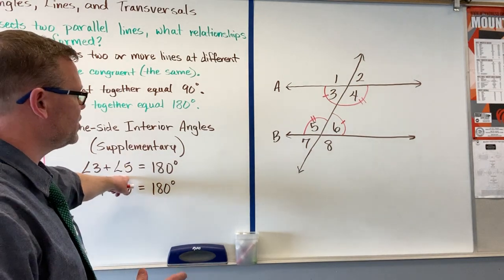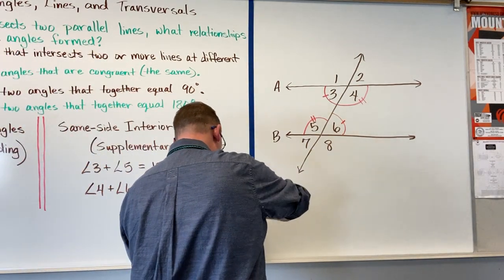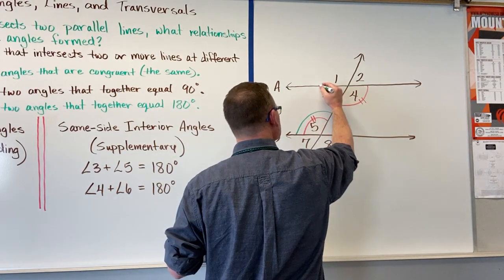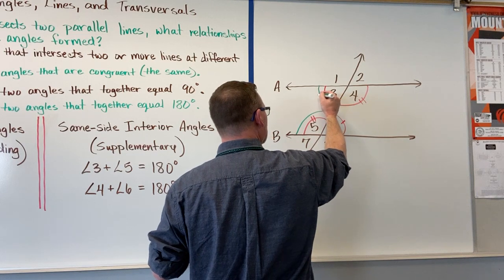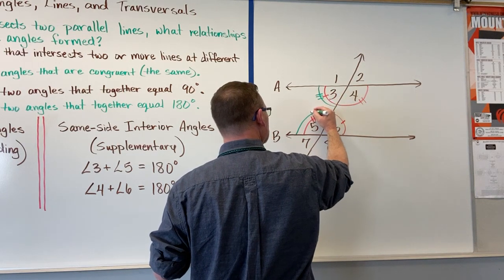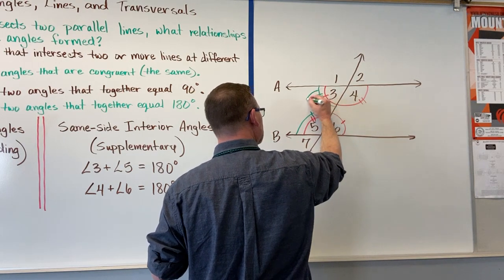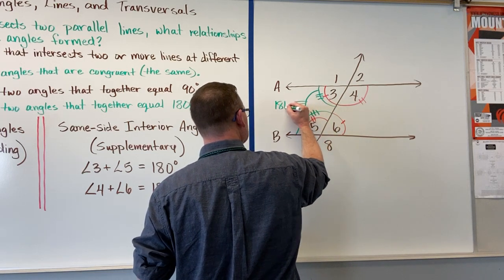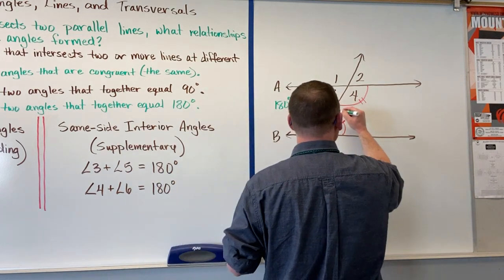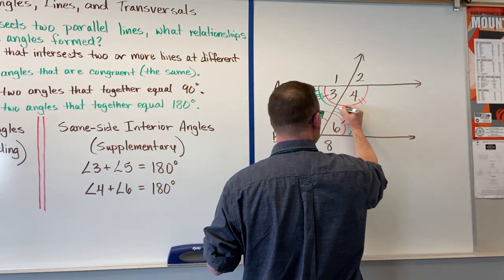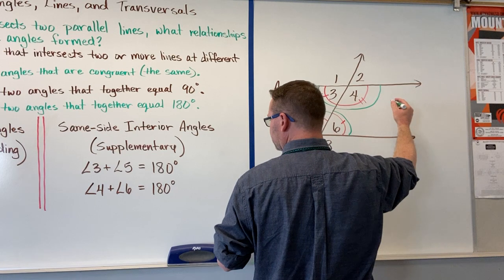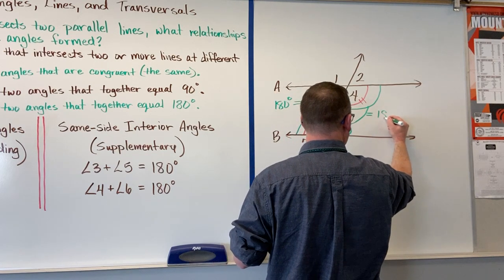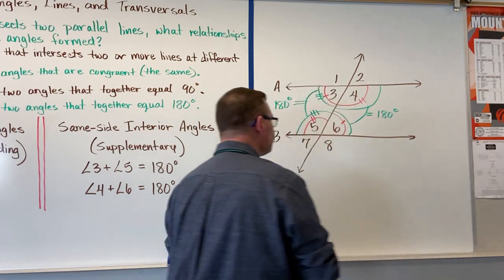So in other words, 3 and 5, so I'm going to end up doing this with a different marker. 3 and 5 are going to equal, these together equal 180 degrees. The same thing goes with these two, 4 and 6. Okay, together they equal 180 degrees.